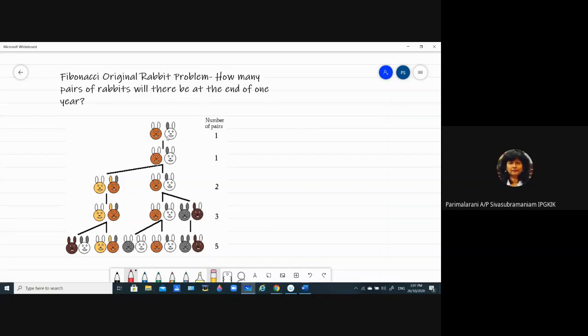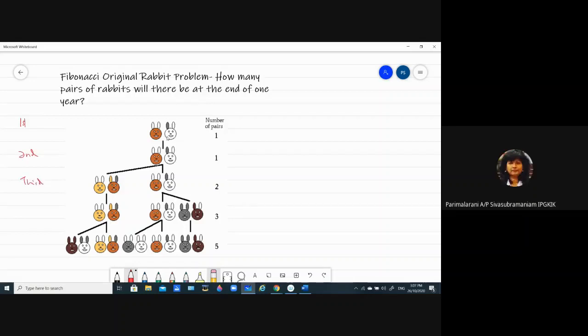So at the beginning of the third month, we have the original pair of rabbits and one new pair of rabbits. This is the beginning of the first month, this is the second month, and this is the third month.